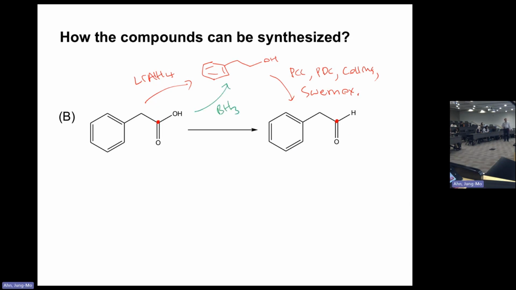Another way to go is you can do the reduction, using lithium aluminum hydride, or you could potentially use a borane, right? The borane reduces the carboxylic acid to an alcohol, and then you do these things. Or you make an acid chloride from the carboxylic acid, then you need a really, really weak hydride. That is lithium aluminum hydride with three of the alkoxy groups there. That will deliver the hydride only once, and then the reaction stops there.